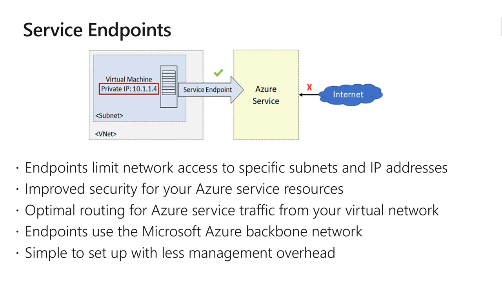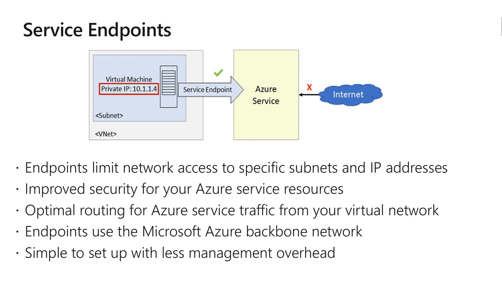So what's the point of using a service endpoint? First, it's improved security for your Azure service resource. The VNet private address space can be overlapping and so cannot be used to uniquely identify traffic originating from your VNets. Service endpoints provide the ability to secure Azure service resources to your virtual network by extending the VNet identity to the service.